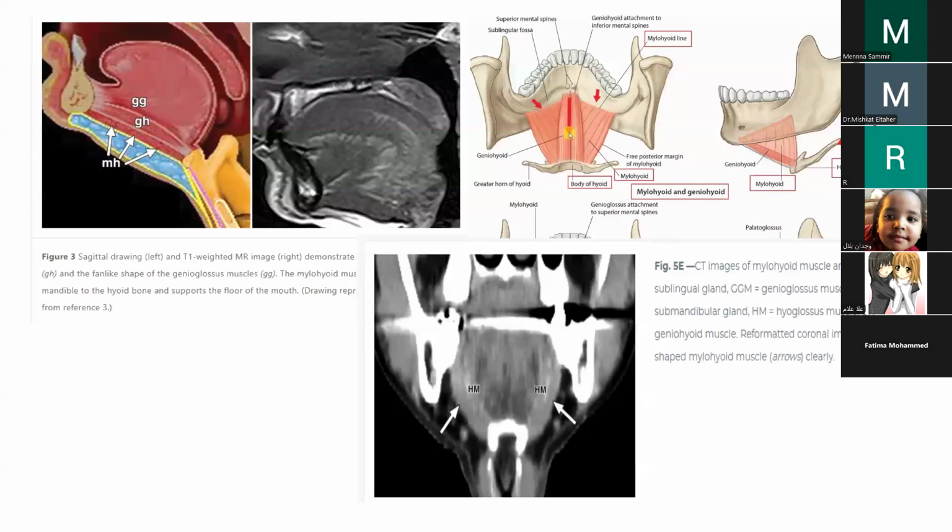Its posterolateral edge, though, has no attachment. It floats free, and that free edge matters. Here is the pearl. A lesion that pushes the mylohyoid downwards is arising from the floor of the mouth or tongue. A lesion that pushes it upwards is coming from the submandibular space below.